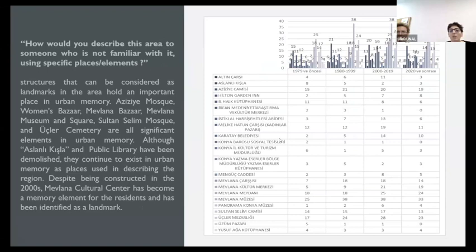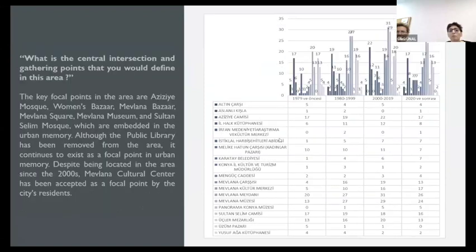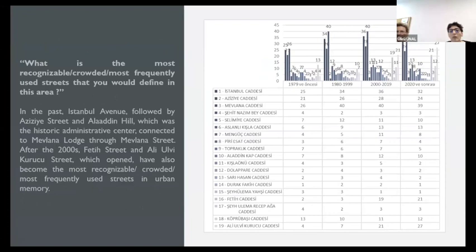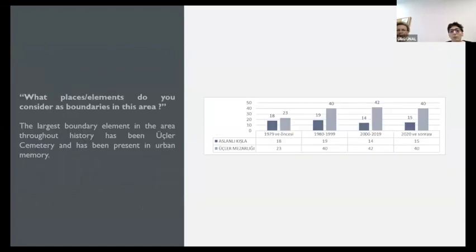Structures that can be considered as landmarks. Central intersection and gathering points. Most recognizable, crowded, most frequently used streets. The boundary elements.